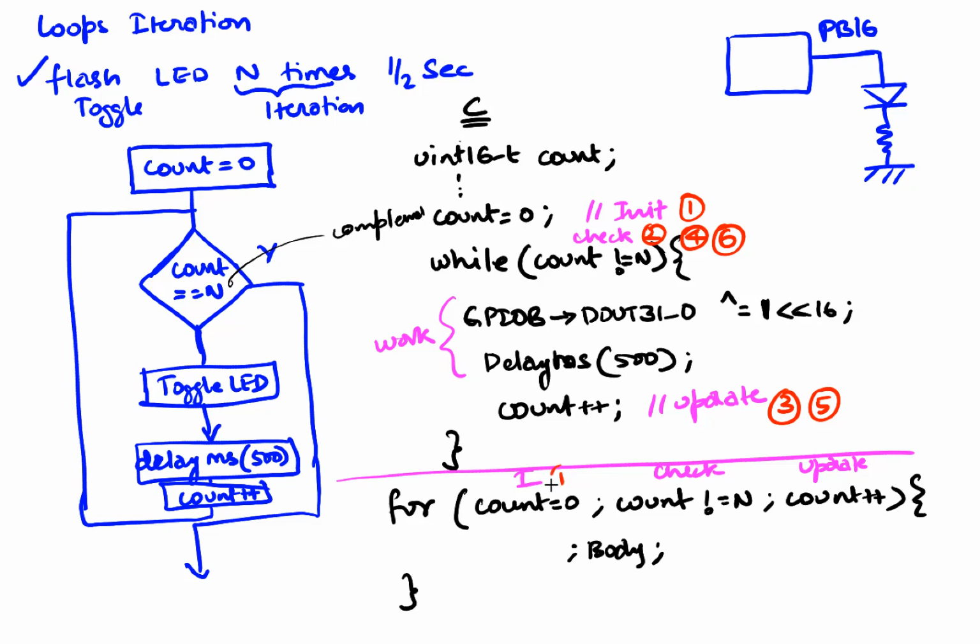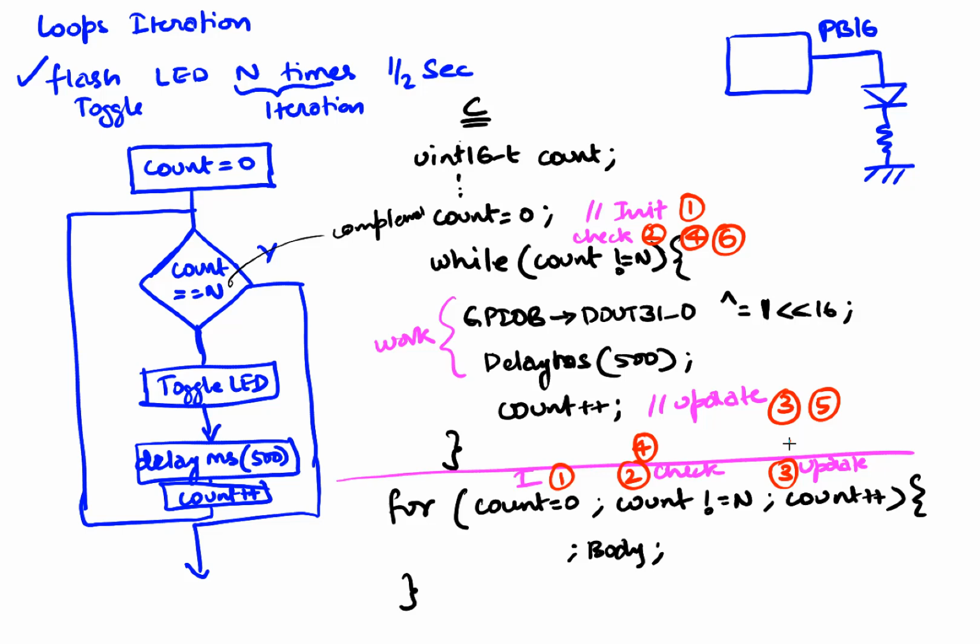We start with 1, and we immediately do the check. If the check is true, we do the body, and then we finish the body, we do this, and we do this, and then we do the check again. So 3 and then 4. And then we do the body, and then we check again.